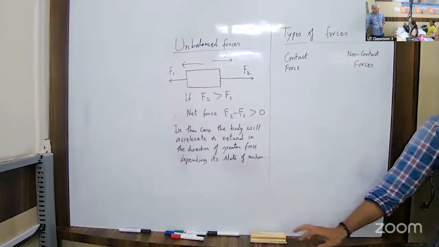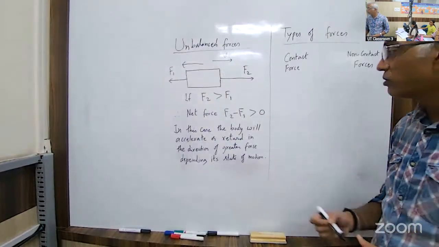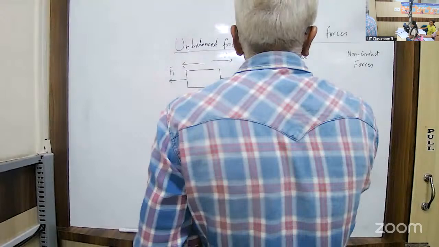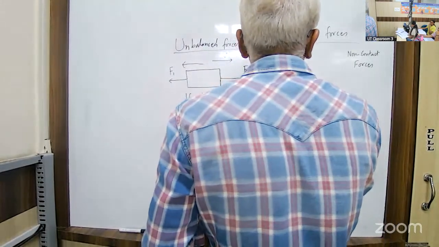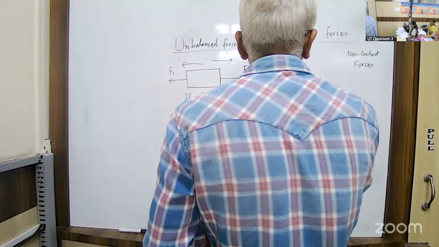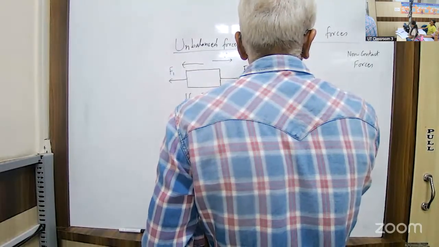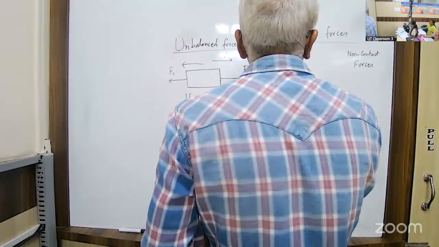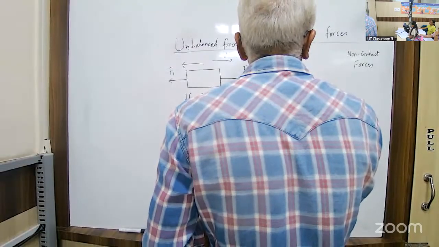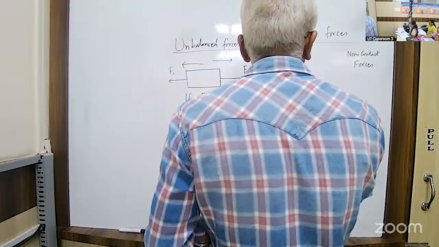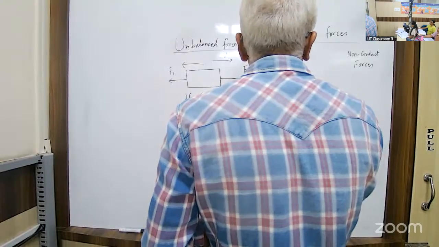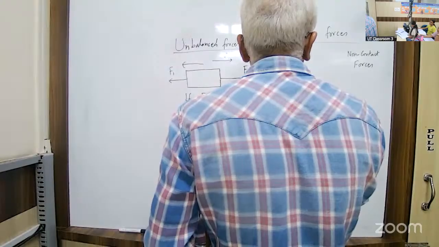So there are various categories of forces that act by making contact with the body. One of them is frictional force. Then you have normal reaction. You have tension.